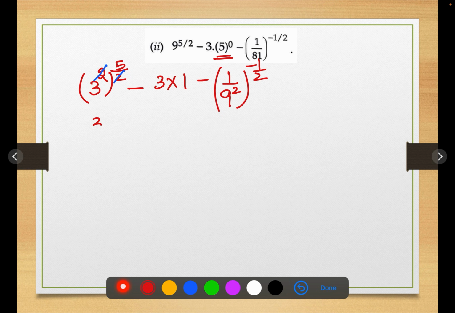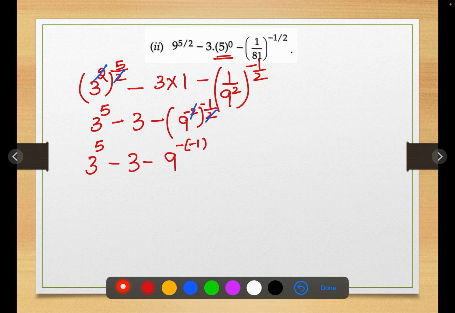So what I am left with is 3 to the power 5 minus 3 minus 9 to the power minus 2, reciprocating the minus 1 by 2. Again reduce. Now 3 to the power 5 minus 3 minus 9 to the power minus of minus 1. Here I can see there is a subtraction sign, so nothing can be done in terms of laws.